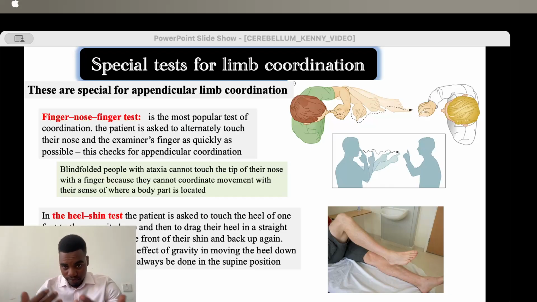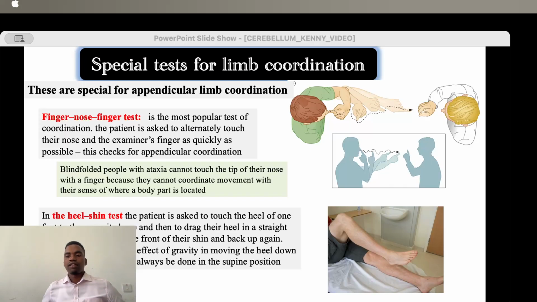In a normal individual with no cerebellar lesion, it is expected that you do this movement correctly. Why? Because even if there would be a discrepancy, the cerebellum would help fine-tune this movement.